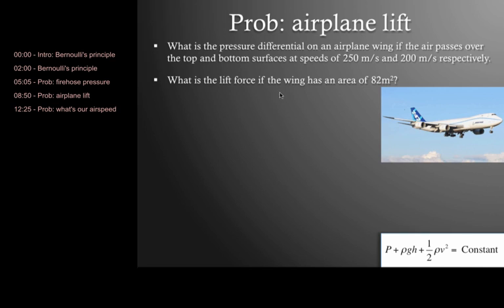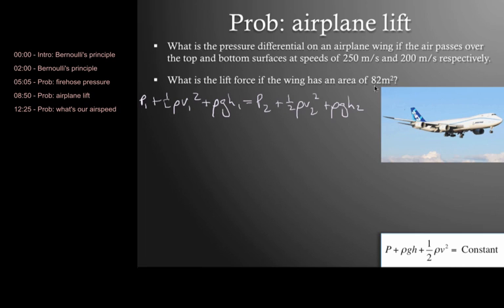So for this next problem, we're going to find the lift force on the wing of this jet. So we're going to start with Bernoulli's equation again. So P1 plus 1/2 rho V1 squared plus rho G H1 is going to be equal to P2 plus 1/2 rho V2 squared plus rho G H2.